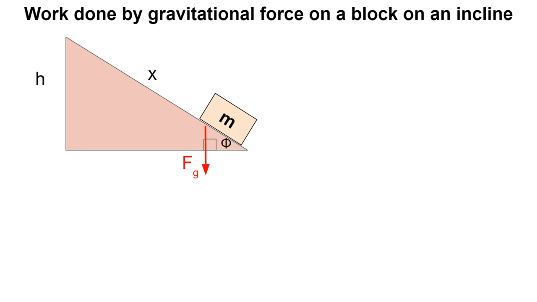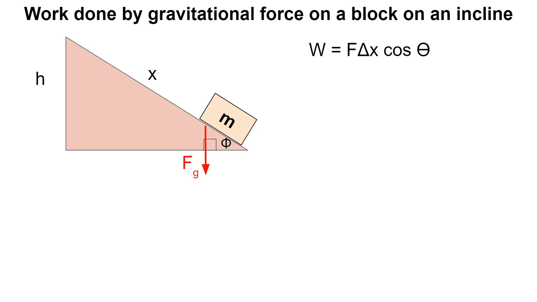So bear with me. I'm now going to apply pure maths and show you something quite handy as far as the work done by the gravitational force is concerned. But we have to apply a little bit of maths and do a little bit of a general example for this.